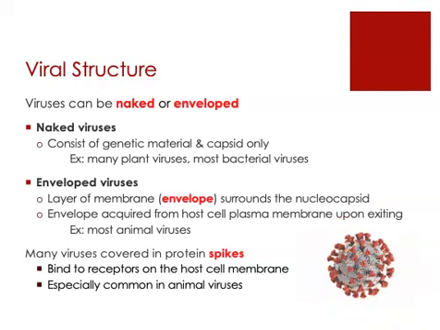So the SARS-CoV-2 virus is an enveloped virus, and it also has these spike proteins coming off the surface. Now, while the envelope comes from the host cell, the spike proteins are actually viral. So they come from the code in the viral genetic material.